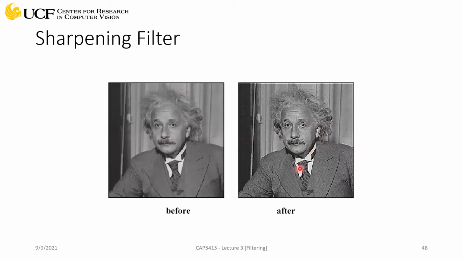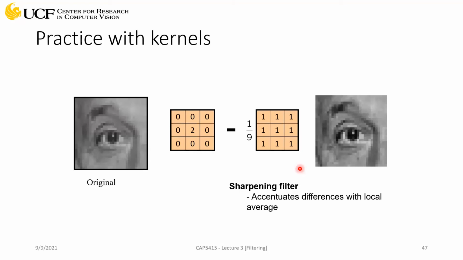Okay. Professor? Yes. Why do we have to subtract that averaging filter from the first filter to get the sharpening effect? Why not just use the first filter with the 2 in the center and zeros around it? Would just increasing the intensities not help? If you just increase the intensity, then you are increasing the intensity of each pixel, right?